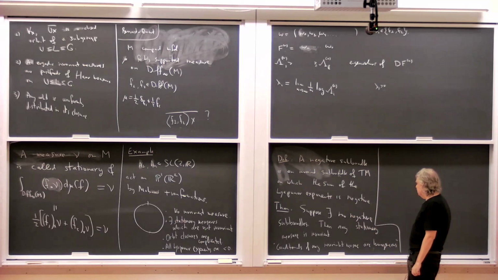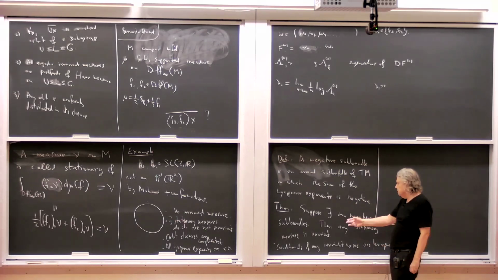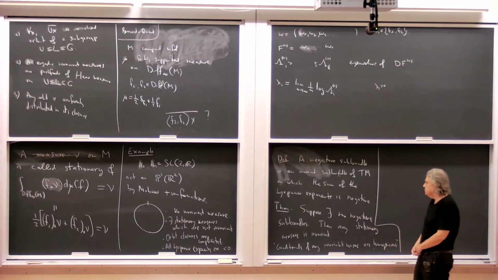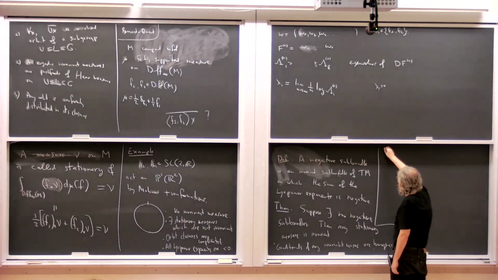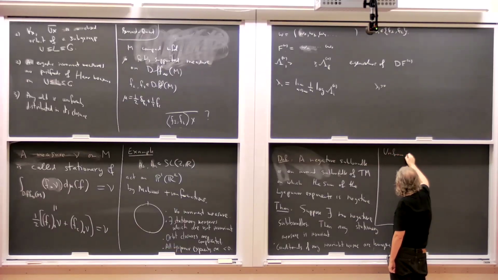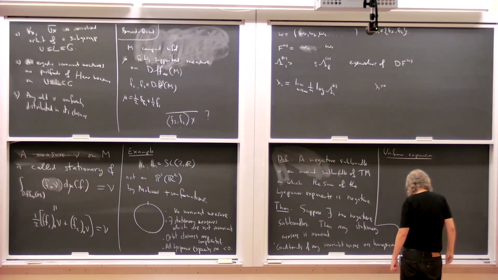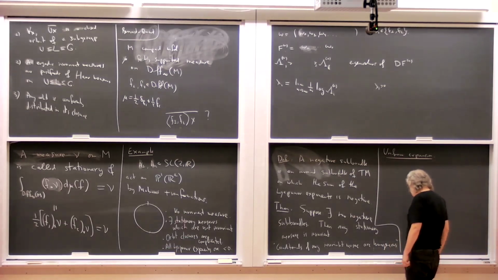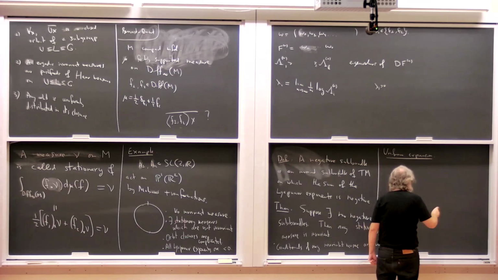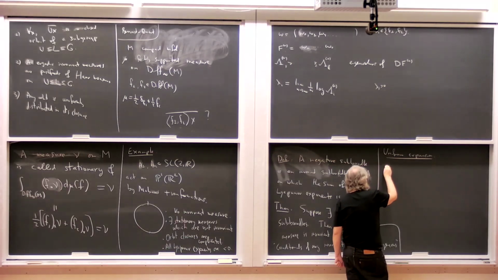Okay, so how do you rule out negative subbundles? There is another condition, which is what you call uniform expansion. So suppose, what is this?